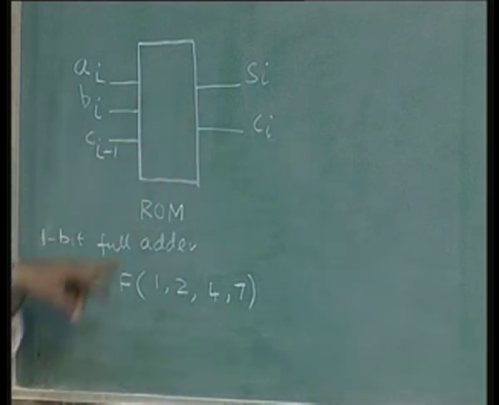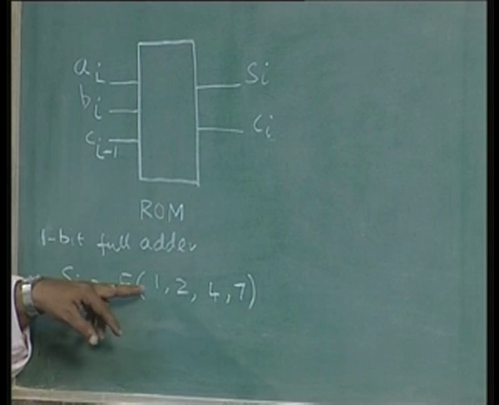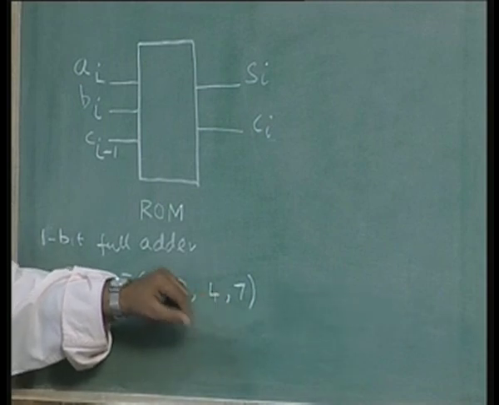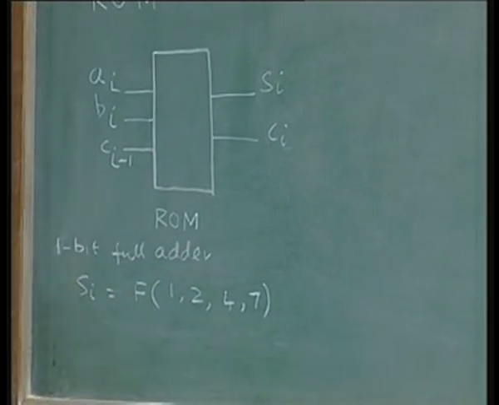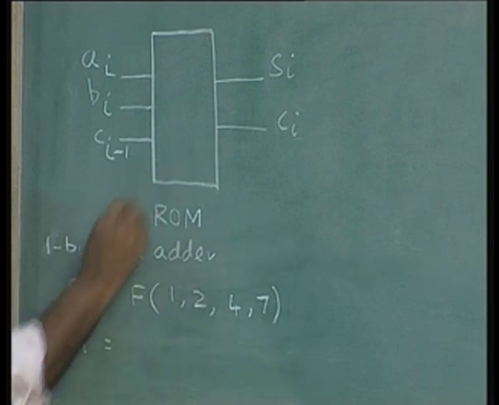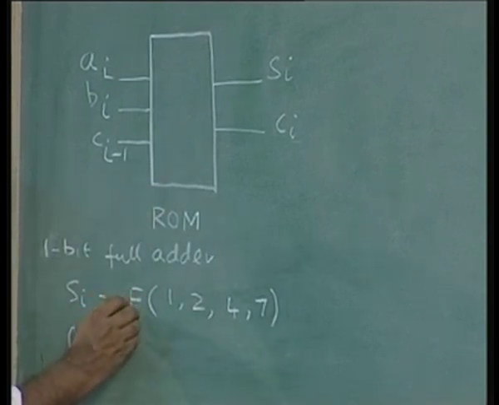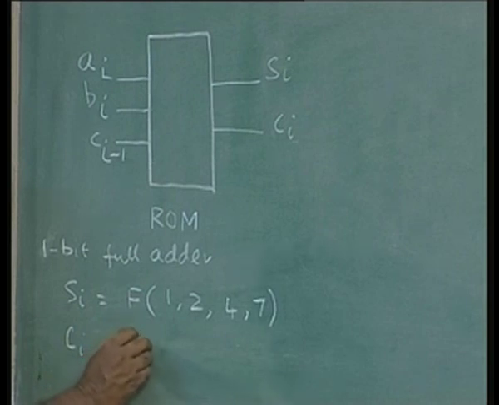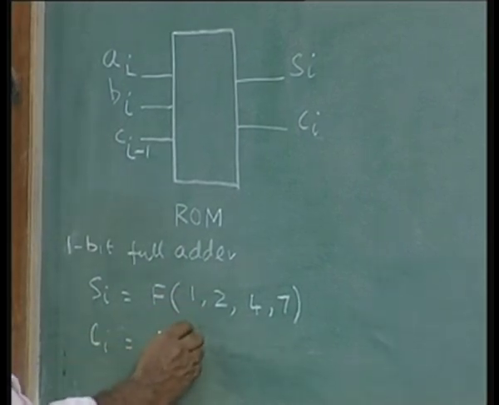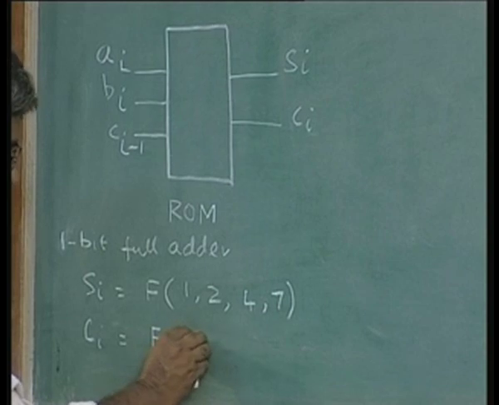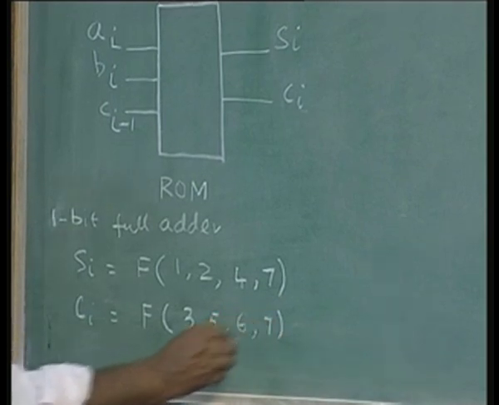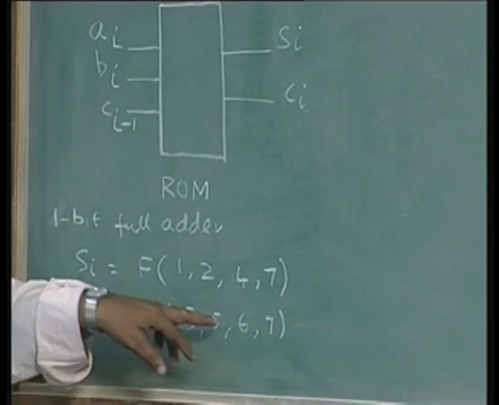For other min terms 0, 3, 5 and 6, sum is 0. Similarly, with the carry output, we will call this f. This function f is 1 for input combinations 3, 5, 6 and 7, namely min terms 3, 5, 6, 7.